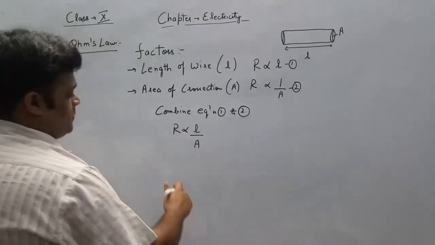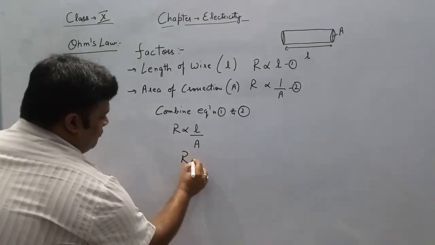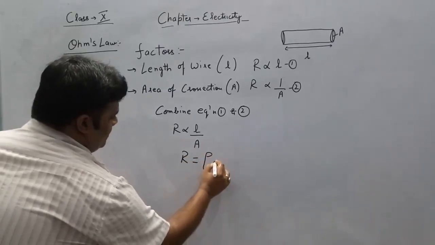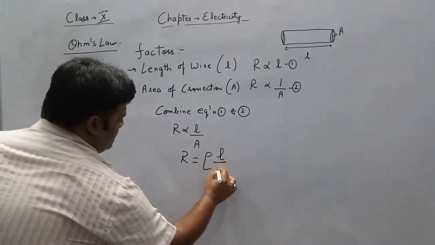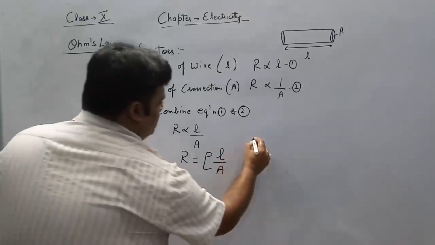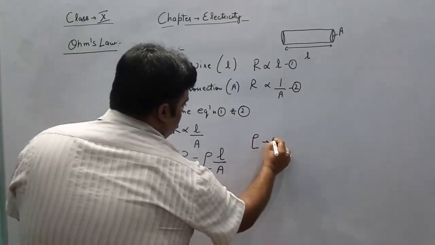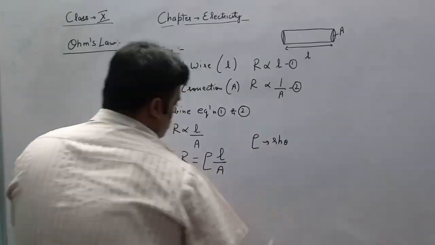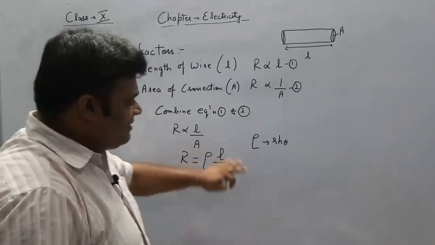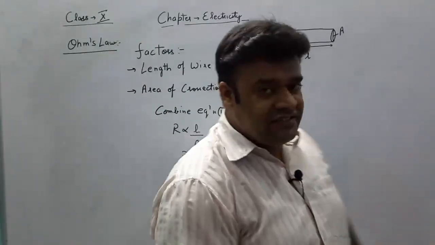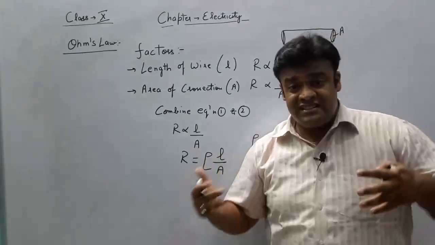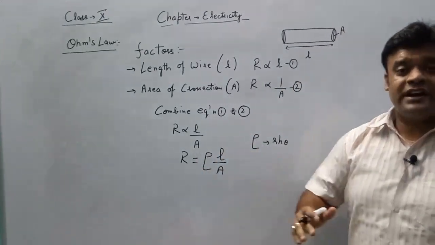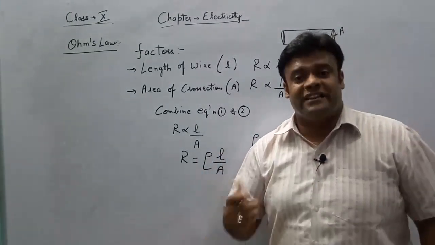If we have to remove this proportionality sign, we again have to put a constant, and we use constant here as rho. This symbol represents rho, and it represents resistivity, or we can say specific resistance or internal resistance of the material.